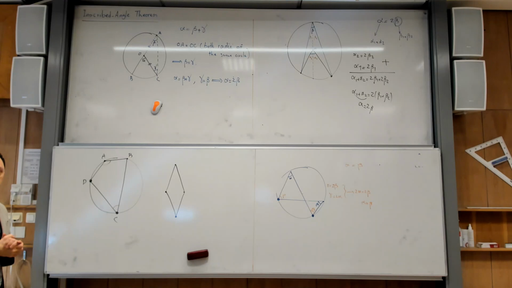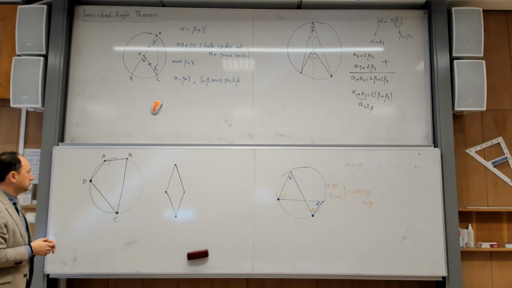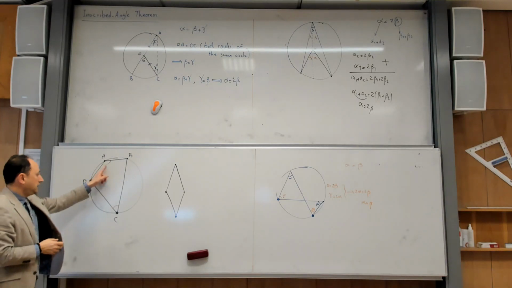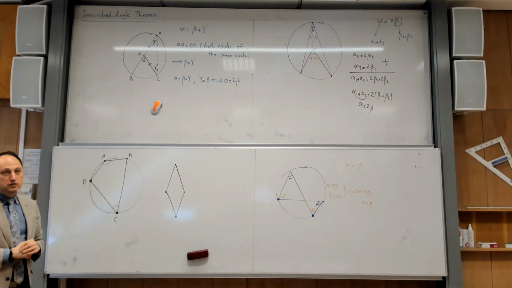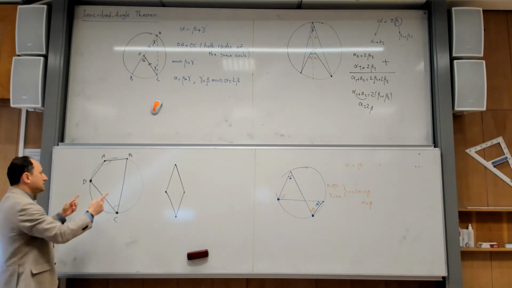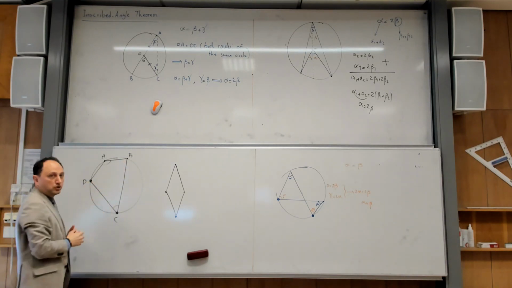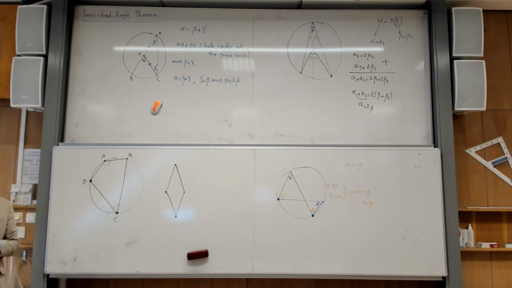But why is this the case? Why do you think that in this picture, this angle A plus this angle C is 180? And of course, this means that the sum of the other two should also be 180. Why is this true, do you think?